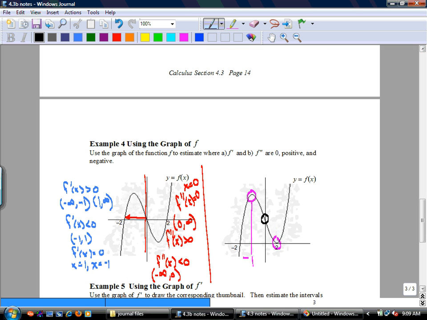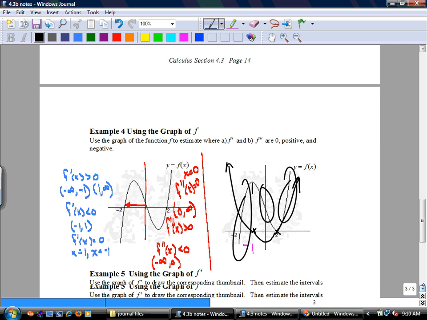I'm just going to draw the derivative graph of this. The derivative graph for this function would look like this. Positive slope, negative slope, positive slope. Right? The bumps, the maximums and minimums become x-intercepts.